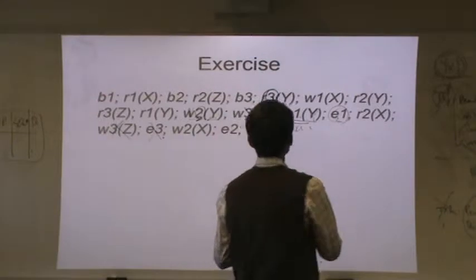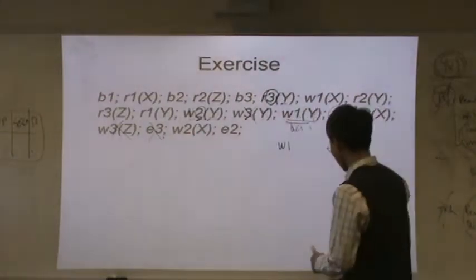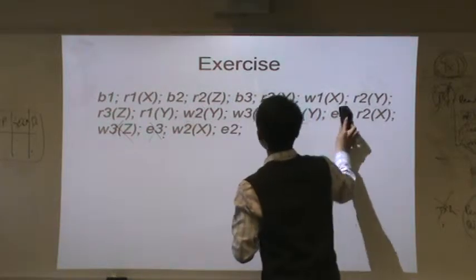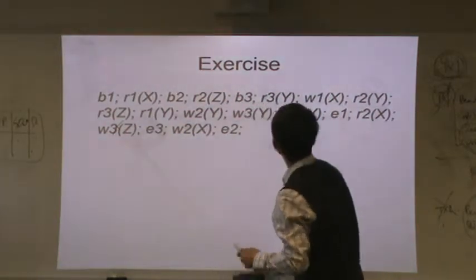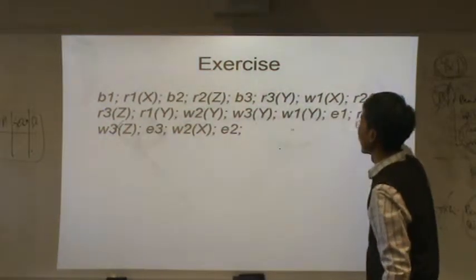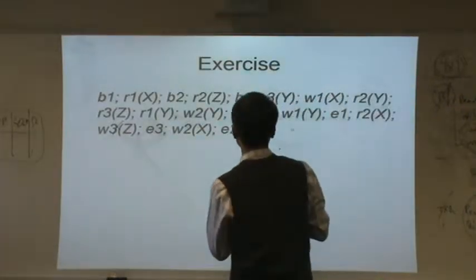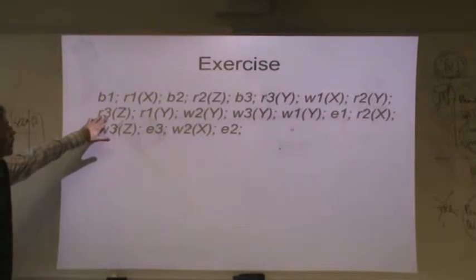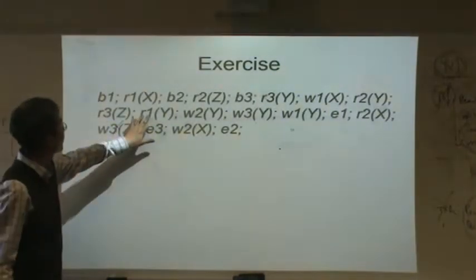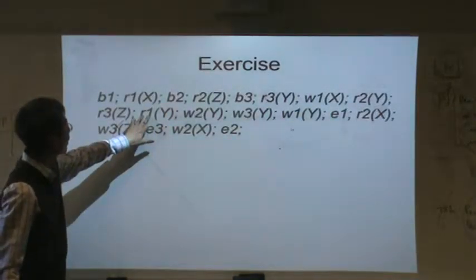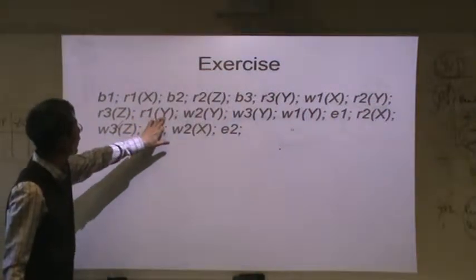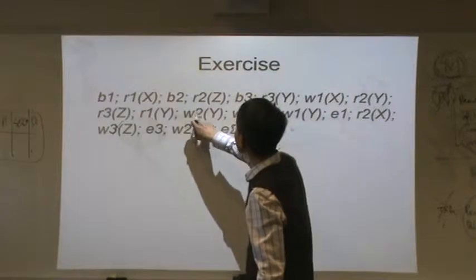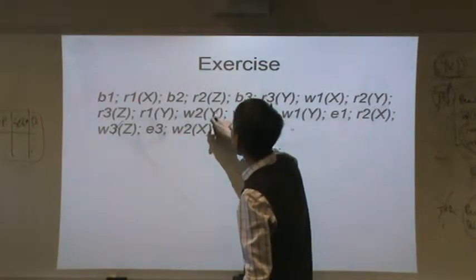So in this case, this one was caused before that. That's the transaction 3. So transaction 3 reads data item Z, and transaction 1 reads data items Y and W. Transaction 2 takes a write lock on data item 1.